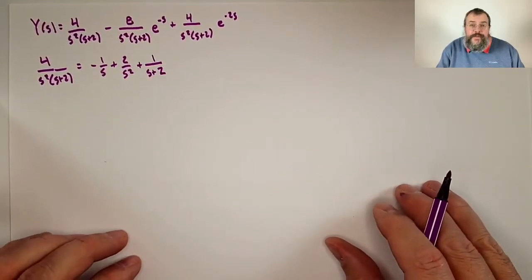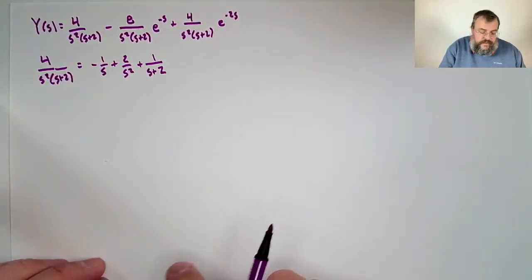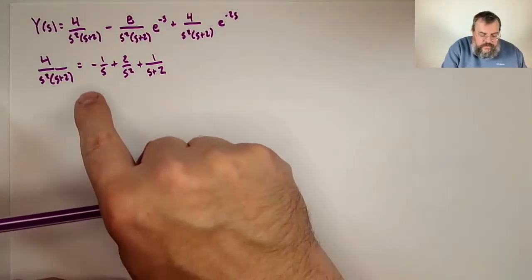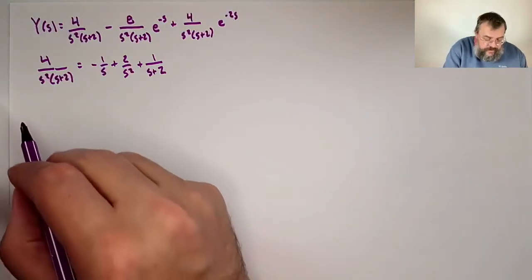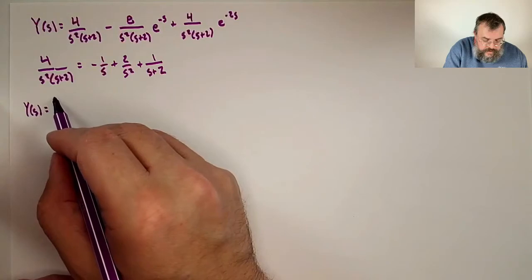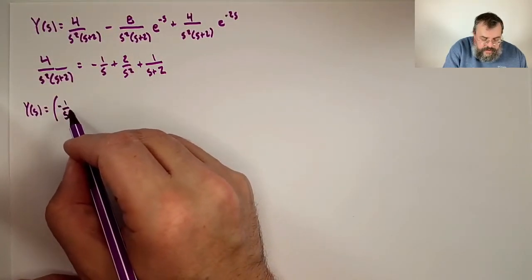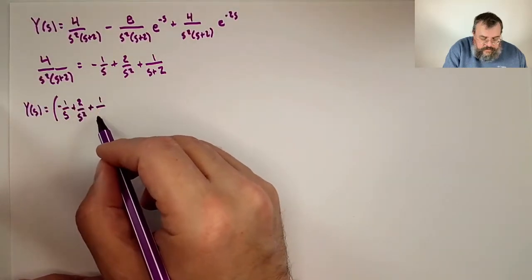So our goal is we're solving the differential equation, which means we need to do the inverse Laplace transform of that. So what we're going to do is use this fact for each one of those three. So we have that Y of s is equal to, so I'm going to do the first part, and it's just a straightforward copy, minus 1 over s, plus 2 over s squared, plus 1 over s plus 2.